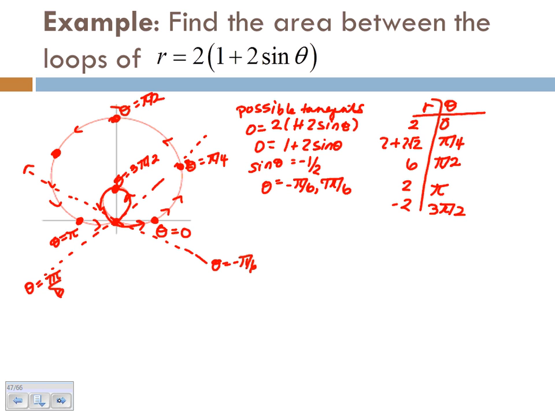So 7 pi over 6 is right after 5. Oh, this one's one. That's where you found one. Yes.